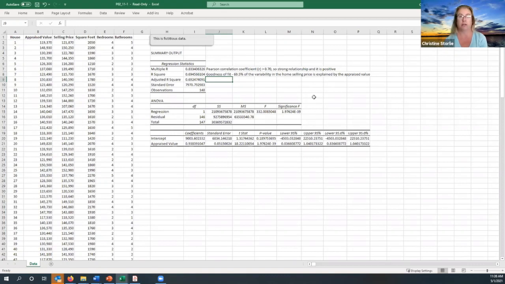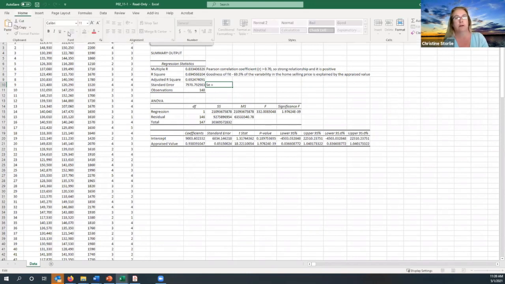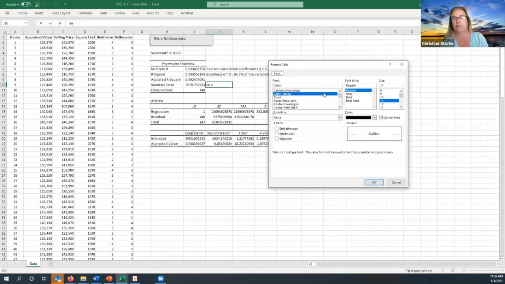Standard error of the estimate, SE. Technically that should be subscripted. If you were on an exam, you would just write the standard error if you needed to.